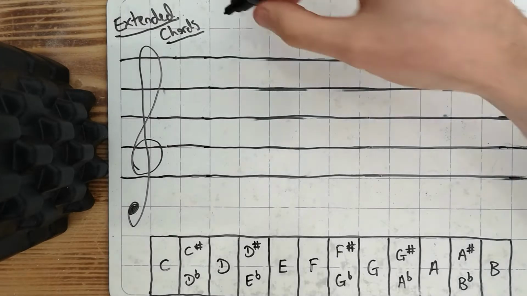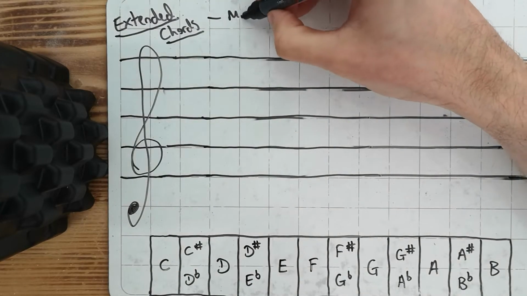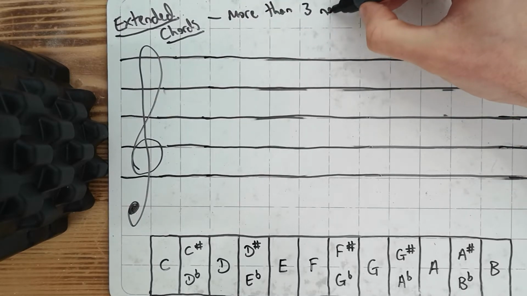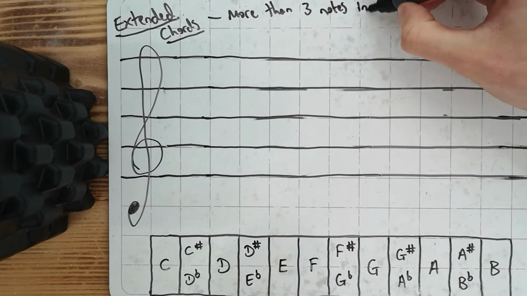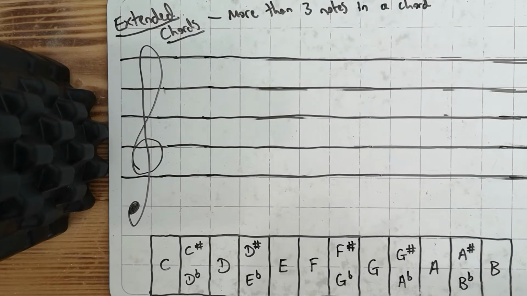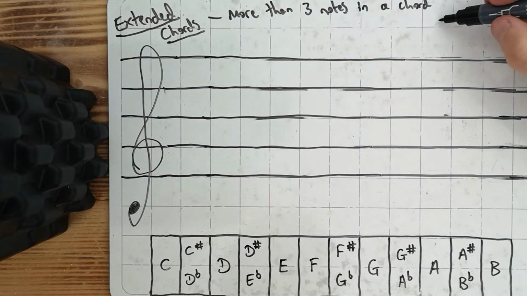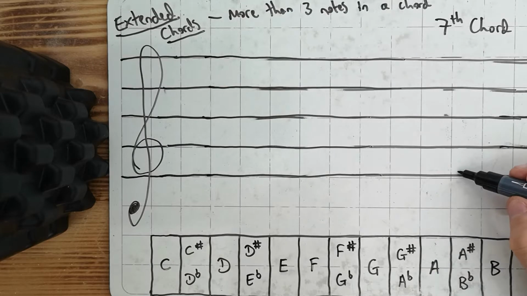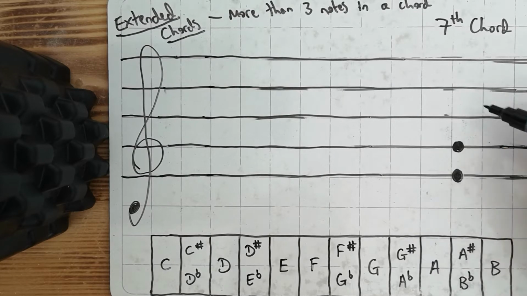Now, an extended chord, like I said, is having more than 3 notes in your chord. And a common one, I'm sure you all have heard of before, is what we call a 7th chord. I showed you an example of one right at the end of that last video. If I've got an E minor chord, I've got E, G, B, there's my E minor chord.